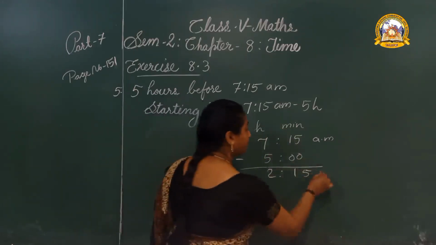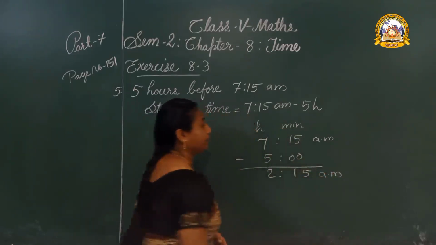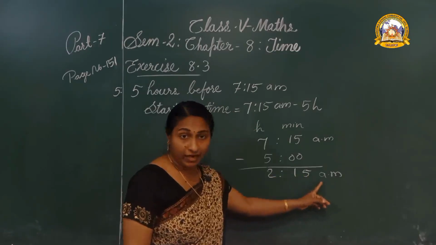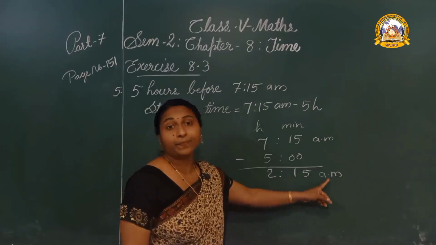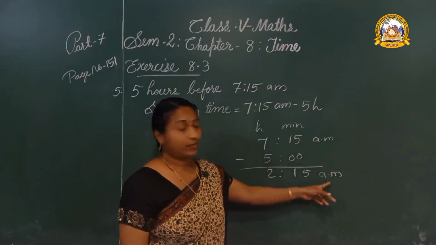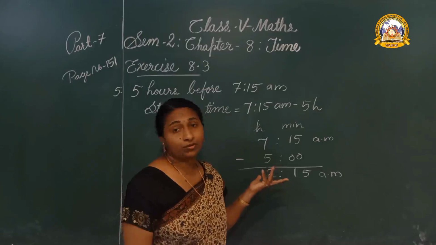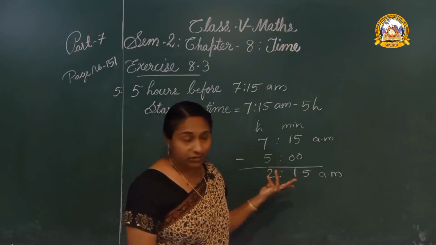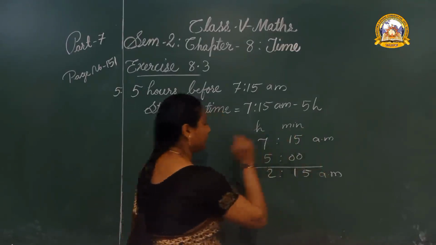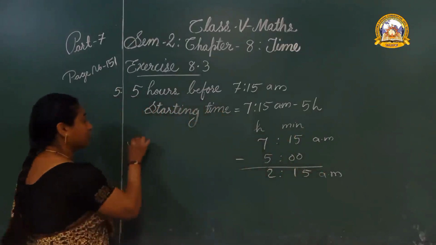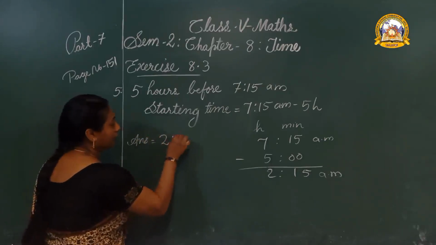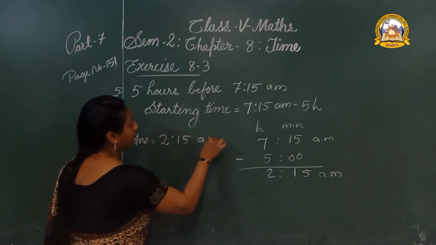Now time, so 2:15 AM. AM, because here we can write the same, because there was no subtraction of 12 hours. Okay, so let us write the same AM. Okay, 2:15 AM. Answer is equal to 2:15 AM.